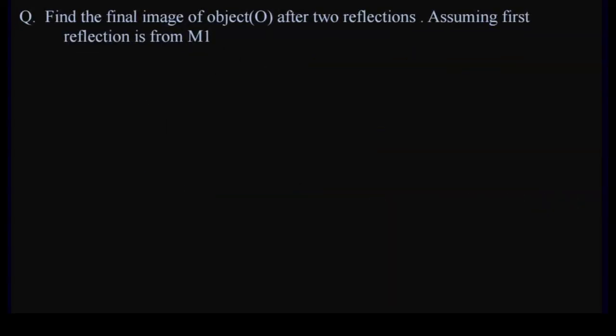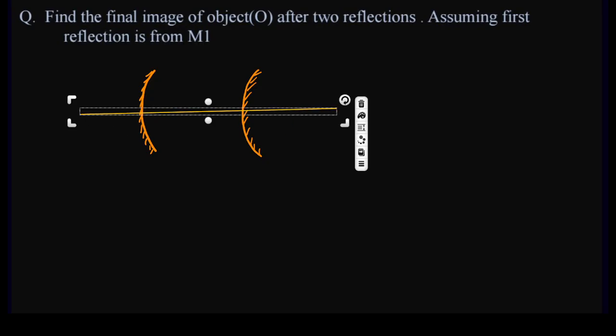Say the next one. Here they have given two mirrors. One is convex, the other one is concave. And here is an object.